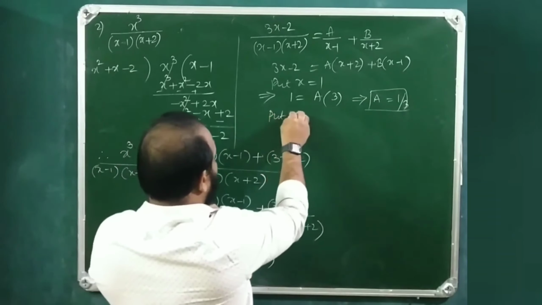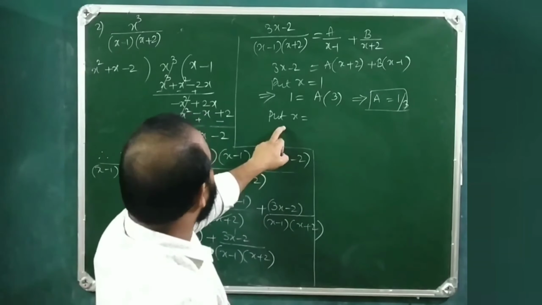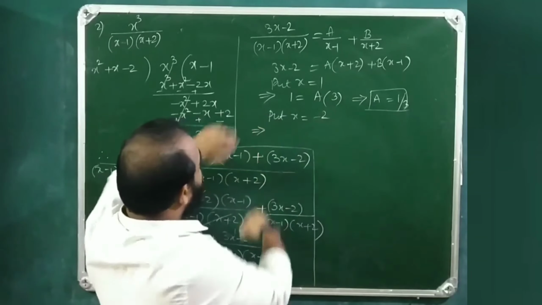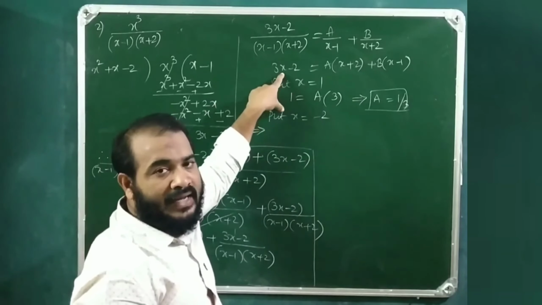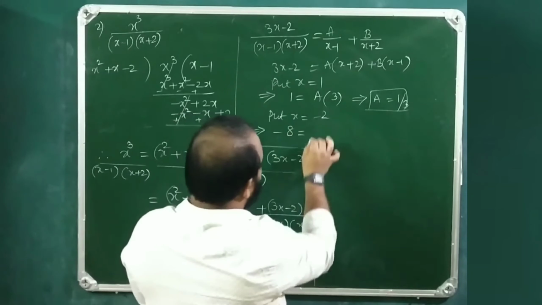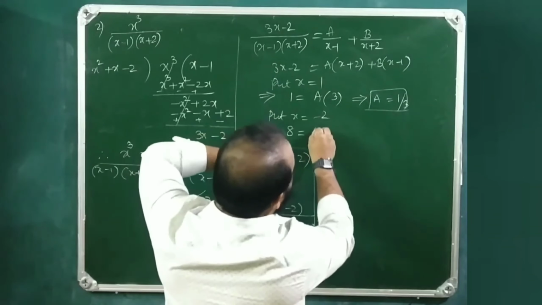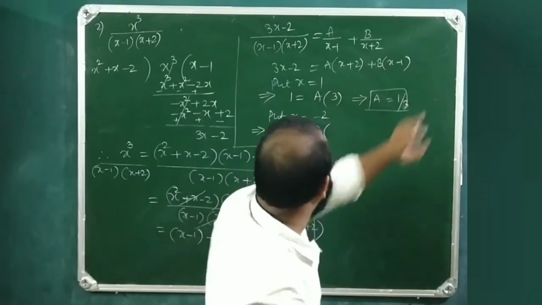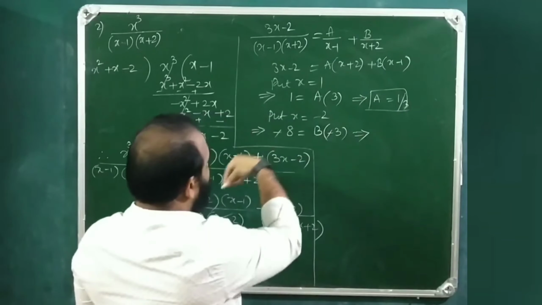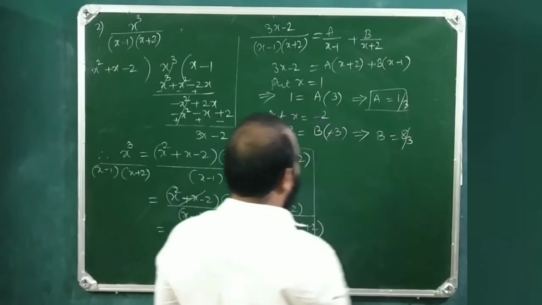Put x equals minus 2. 3 into minus 2 is minus 6, minus 2, so minus 8 equals a into minus 2 plus 2, which is 0. So b into minus 2 minus 1, minus 3. So minus from both sides gets cancelled. b is equal to 8 by 3.